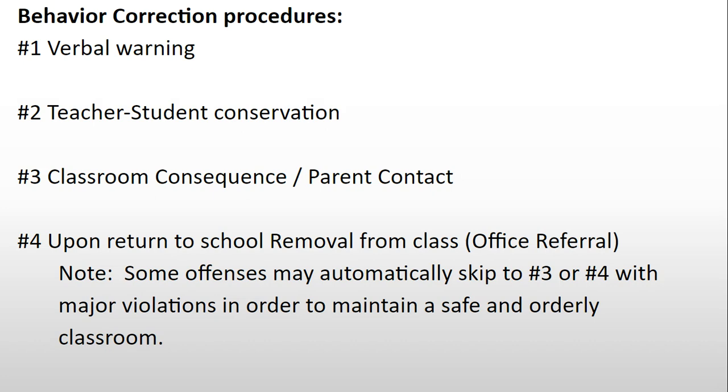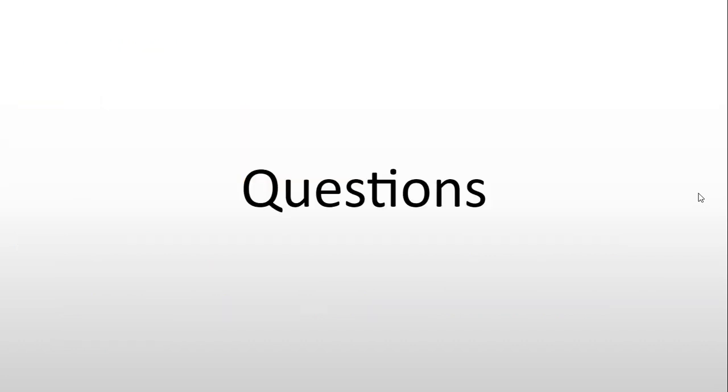So in Zoom, I'll do a verbal warning, then I'll have you stay after and we'll do a student-teacher conversation, and then the third one would be the parent contact. And then the administration has other consequences for levels of discipline. So if you do something really rude inside the Zoom meeting, then there could be more consequences for you.